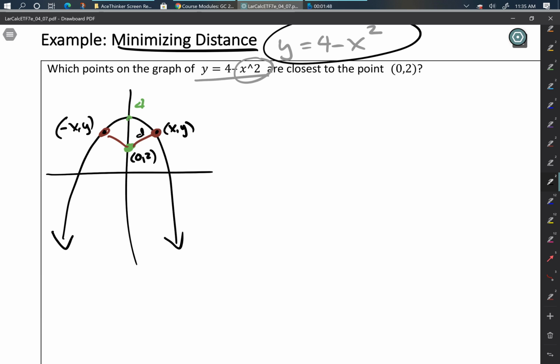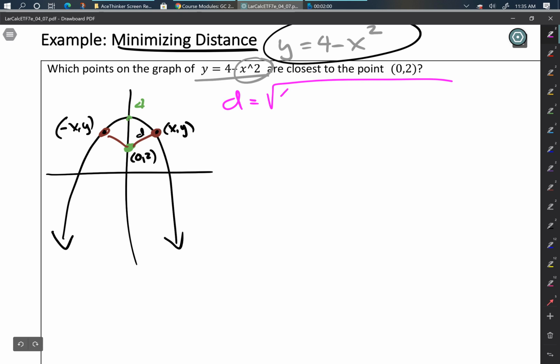Now, I remember from a long time ago when I took some algebra classes, the distance formula. Distance is equal to the square root of (x sub 2 minus x sub 1) squared plus (y sub 2 minus y sub 1) squared.